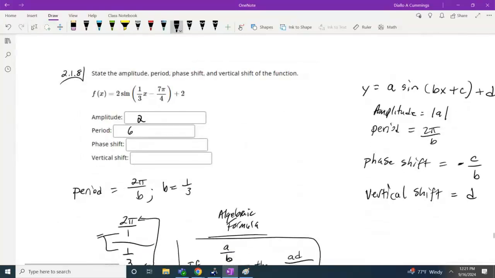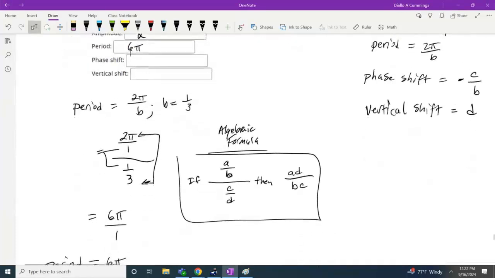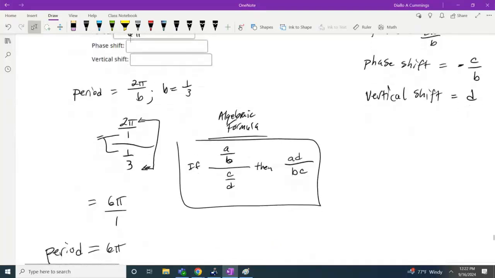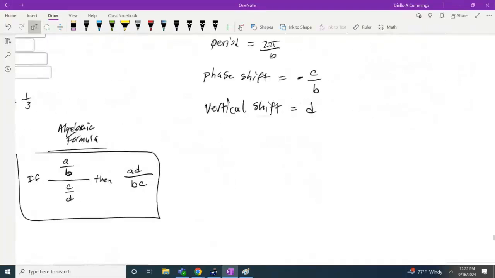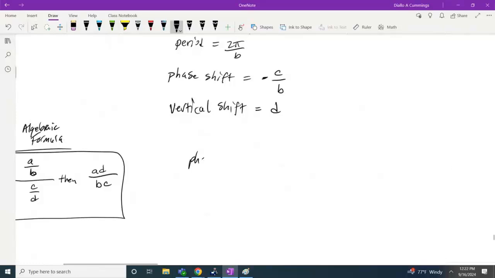To find the phase shift, there is a formula. And first off, this formula has a negative in it. Okay, so here's the phase shift.